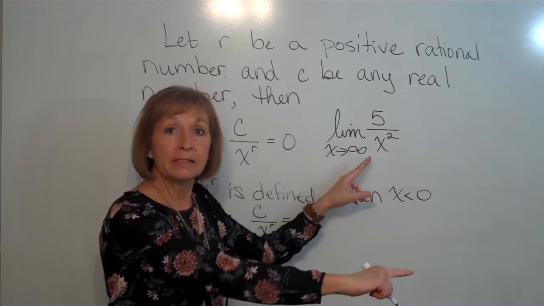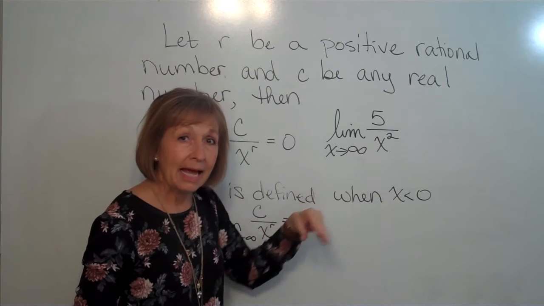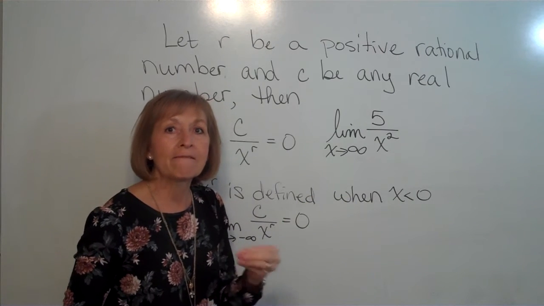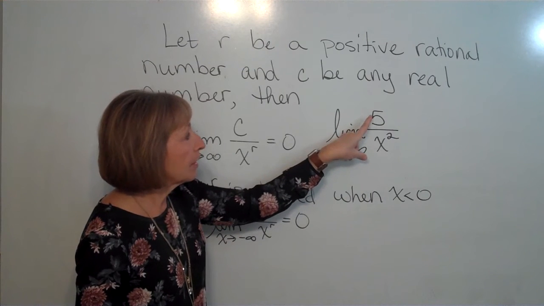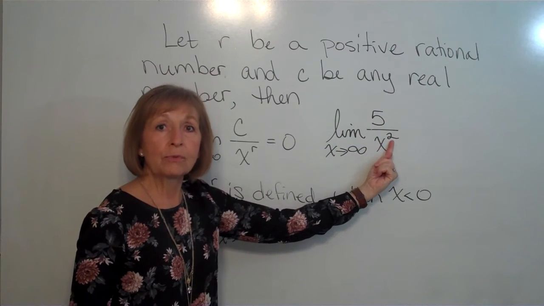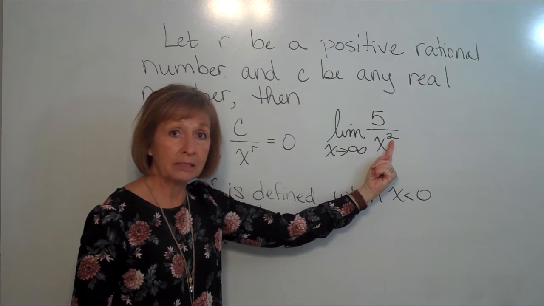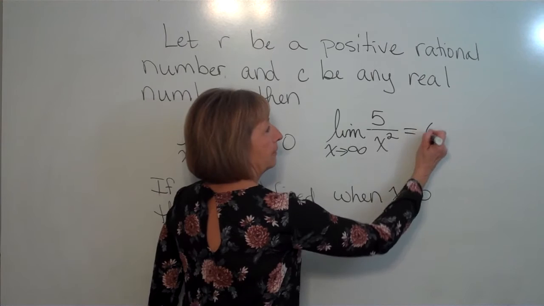But what about if x is 100? That would be 5 over 10,000. And when you think about what's happening with the value of that fraction as x gets bigger and bigger, when you have a constant numerator divided by x to a positive rational exponent, this fraction value is going to 0.